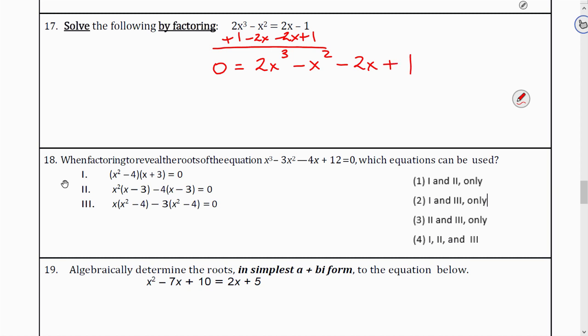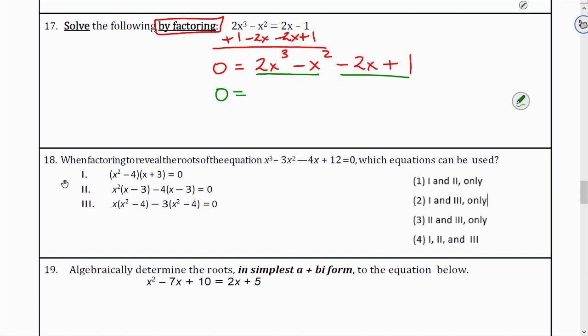Now, if I'm solving this by factoring, then I'm going to hope this can factor by grouping, because that's how I factor cubics. So I will try looking at this group and this group, and looking for a common binomial that will factor as a result.